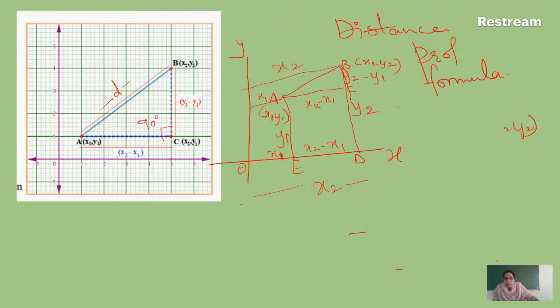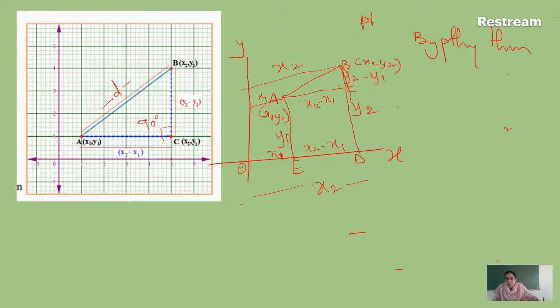Now, if you see this ABC in the figure, it is 90 degrees. Then I can apply the Pythagoras theorem here. By the Pythagoras theorem, we can write AB square is equal to AC square plus BC square. AB square is nothing but the distance we have taken, that is the hypotenuse.